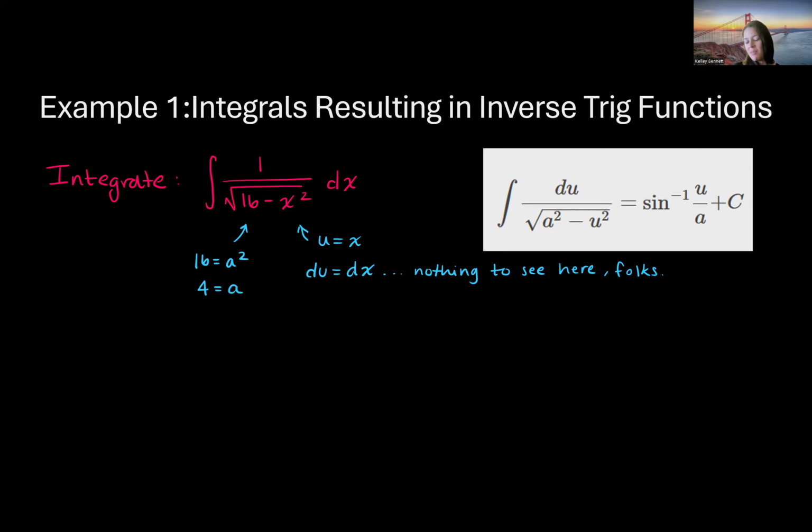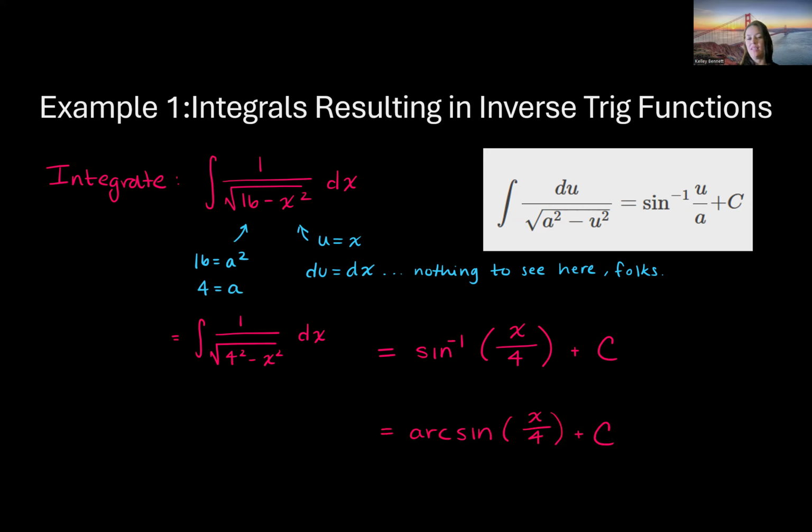Okay, so to me, this is a plug and chug. We know a, x is u, no problem. We should end up at arcsine of x over 4 plus our constant of integration. And I like to write arcsin for arcsine. And that's the end of the problem.